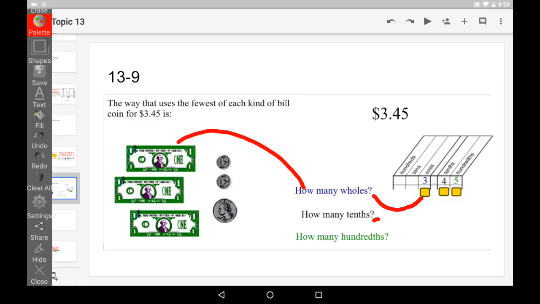Our tenths refer to these, and our hundredths refer to the little 5 that's left over. So our wholes are our dollar bills, our tenths are the dimes, and our hundredths are the pennies. And if you think of it that way, it helps with that place value just a little.